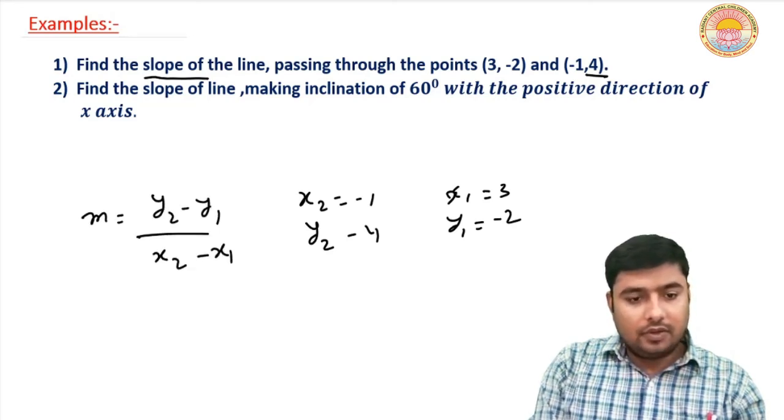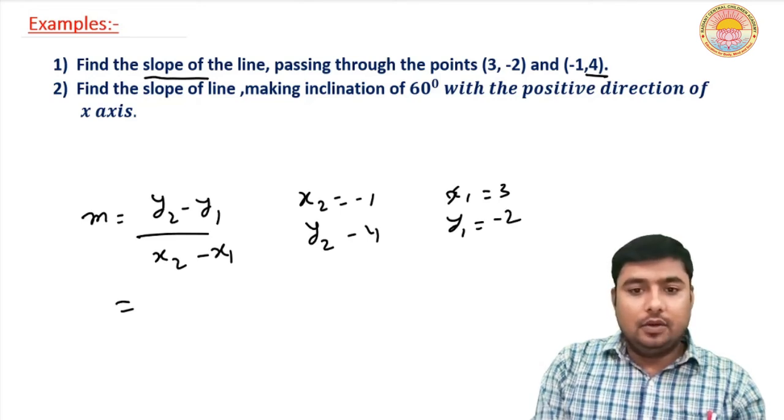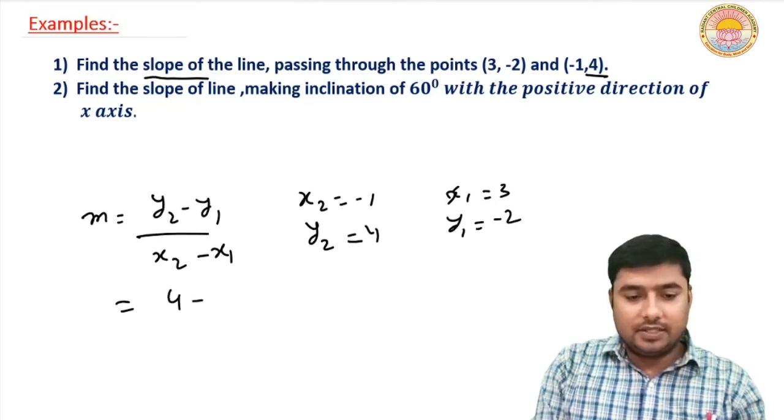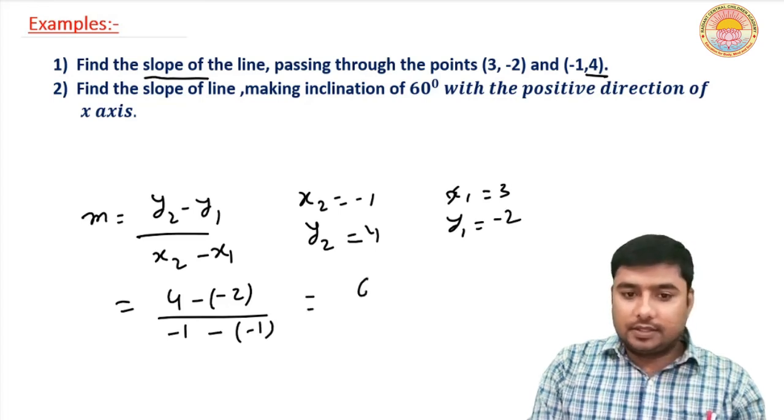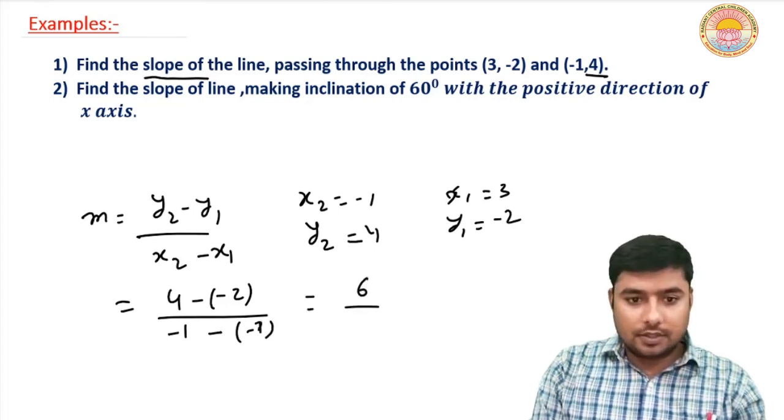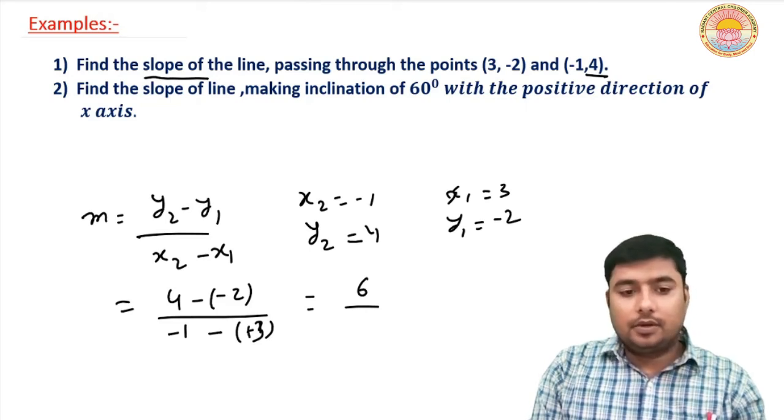Now we can put the values. y2 means 4, minus y1, and y1 means minus 2, upon x2, which is minus 1, minus x1, which is 3. So that is 6 upon minus 1 minus 3, which is 6 upon minus 4, and that simplifies to minus 3 upon 2.